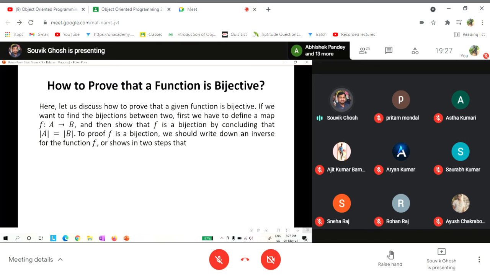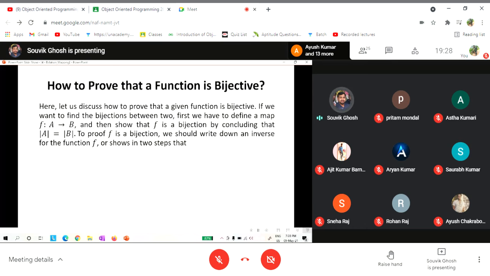So here let us discuss how to prove that a given function is bijective. If we want to find a bijection between two sets, first we have to define a map F from A to B. So we have to define the map at first from the set A to set B, and then we have to show that F is a bijection.